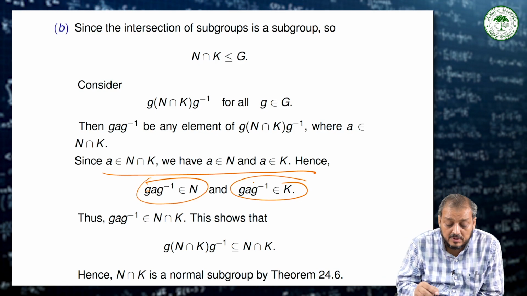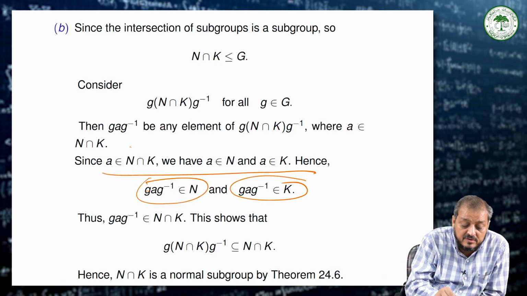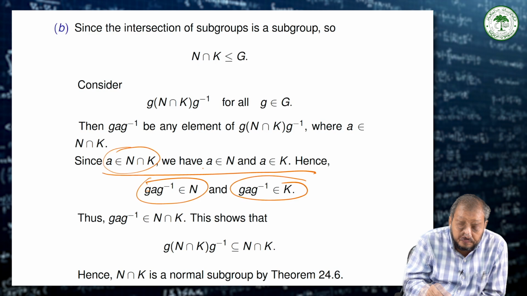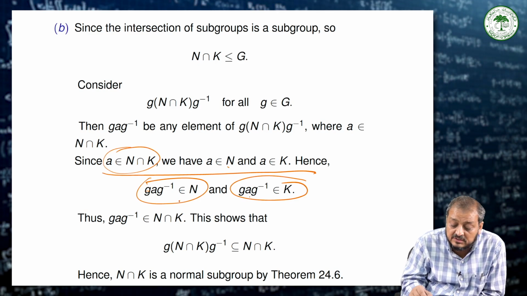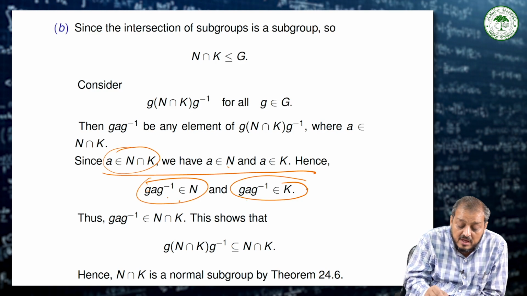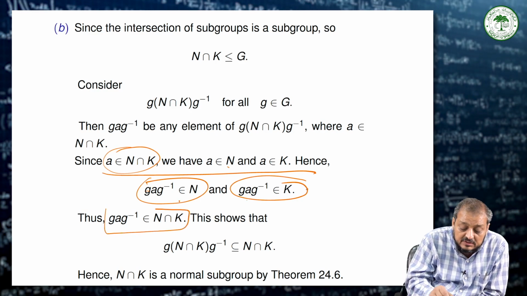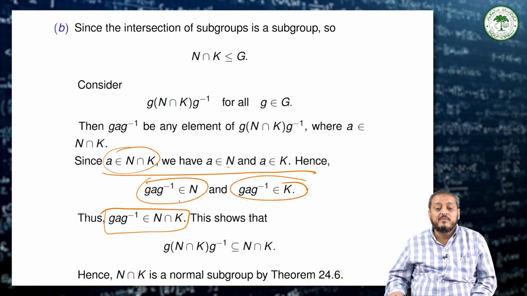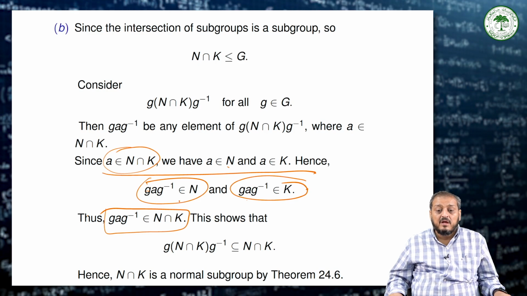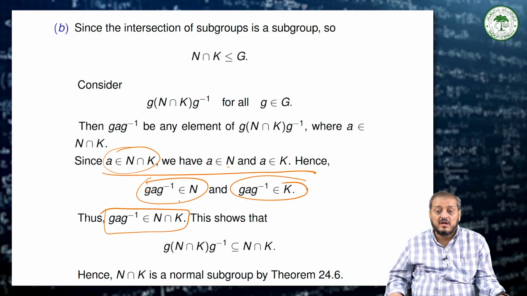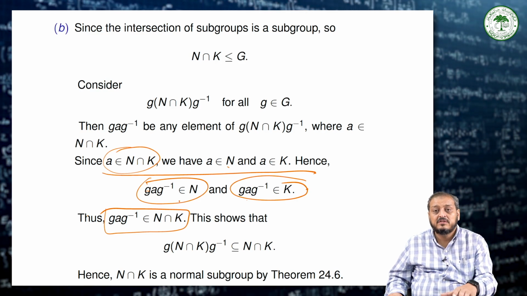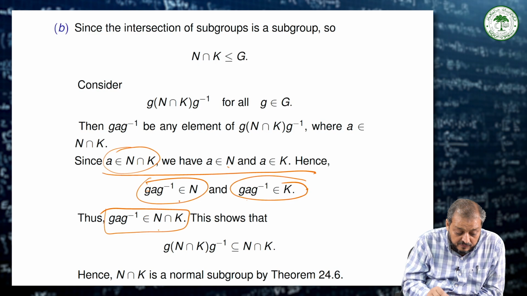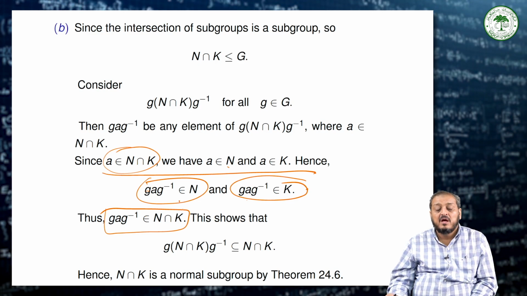So if a is an element of N intersection K, then g inverse a g is an element of N, and g inverse a g is an element of K, so we can say that g inverse a g is an element of N intersection K. So we just showed that g inverse a g is an element of N intersection K.